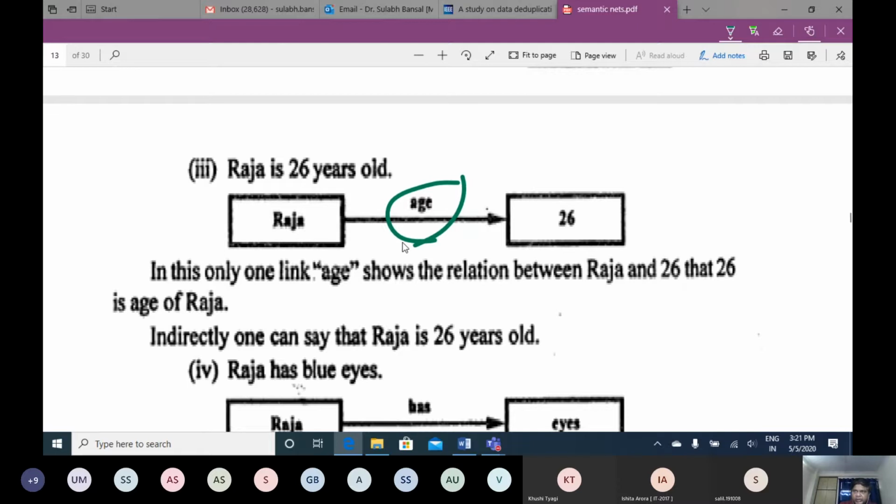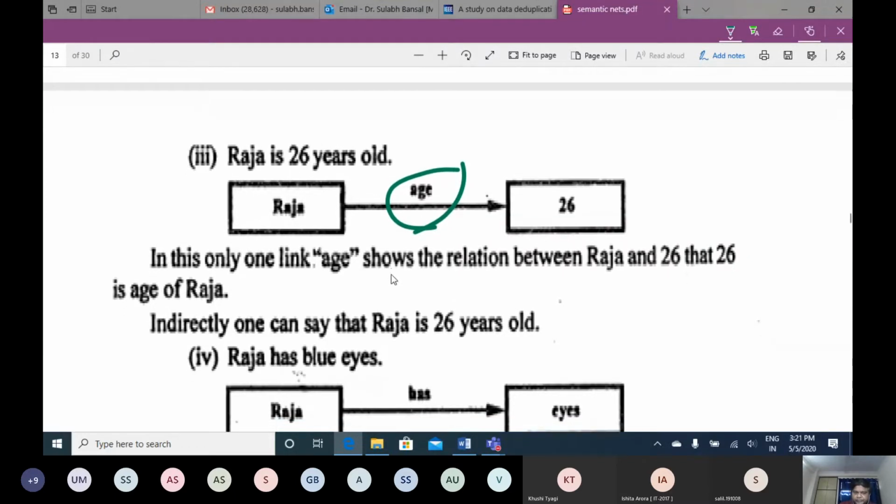So "has" means it is some property which is possessed by an object. Then "is a" means the two nodes are related using a hierarchical relationship. So any property possessed by the parent class will automatically get derived to the child class. That is the meaning of the "is a" relationship.